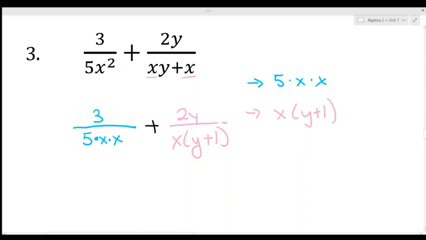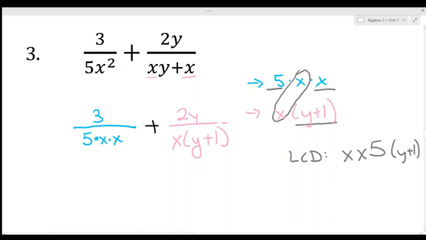So we're going to circle anything that both blue and pink share. Okay? All right, so blue and pink share an x. And that's it. So when I write my LCD, I'm going to have that singular x that we circled, but we have another x. Then we have 5, and then we have y plus 1.